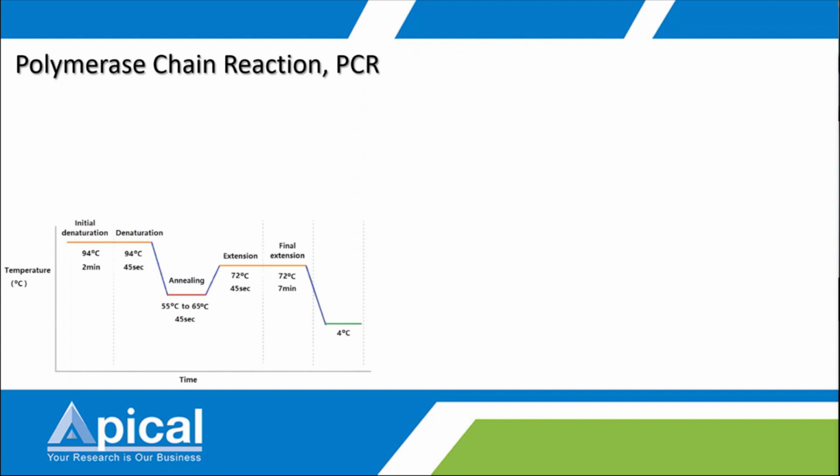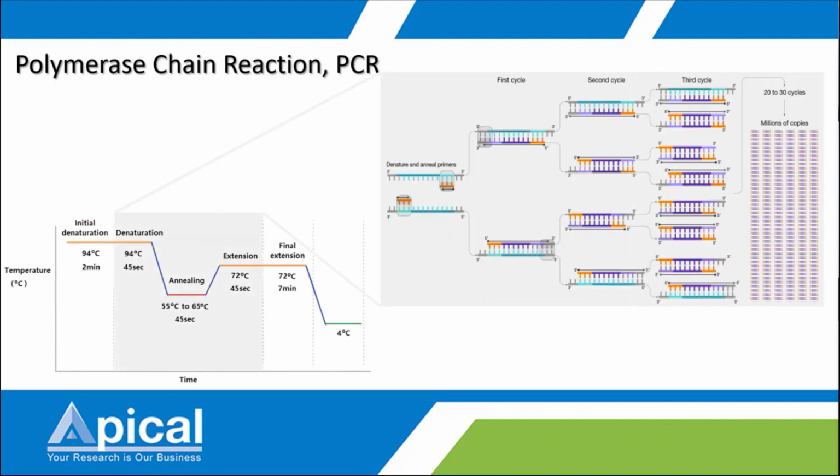PCR is a powerful tool used in life science to make copies of a specific segment of DNA. It involves a series of temperature cycles that cause the DNA to replicate rapidly, allowing the amplification of a small amount of DNA into millions of copies of the target DNA.